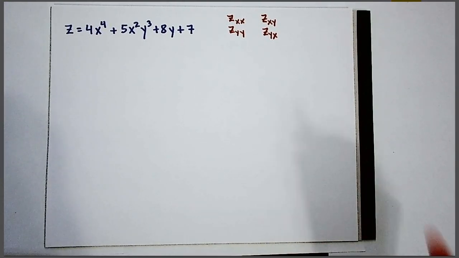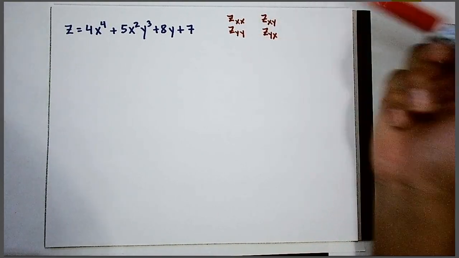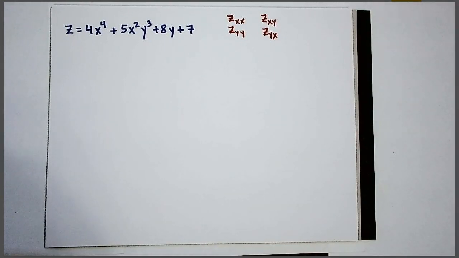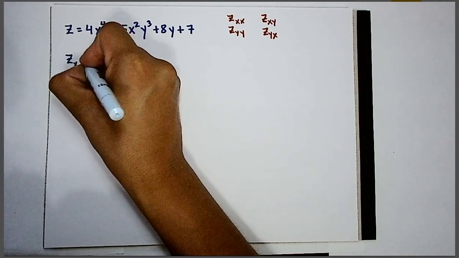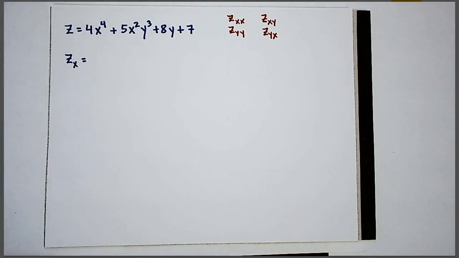Notice that in order to obtain the second partial derivatives, first we need the first partial derivative. So let's compute z with respect to x first. Notice that in this case, x is a variable and y is a constant.